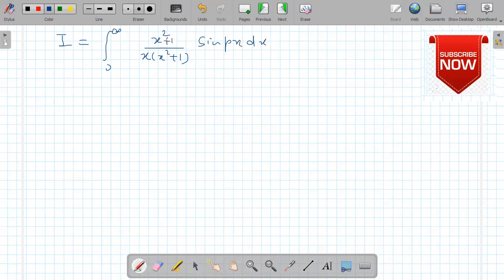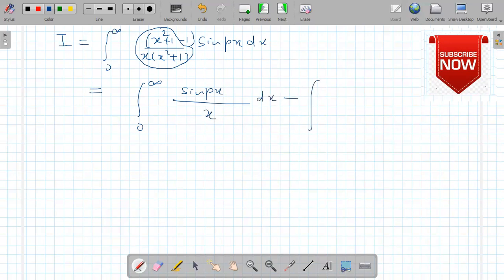Now add 1 and subtract 1 so that you will have sine of px. We combine these, है ना, तो x x ये कैंसिल हो जाएगा, 1 अपॉन x बचेगा, साइन px अपॉन x हो जाएगा. And in second integral we have sine px whole divided by x into x square plus 1.